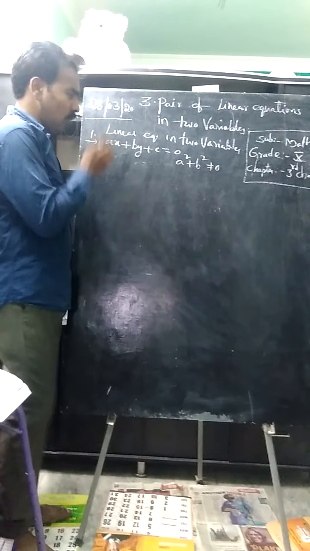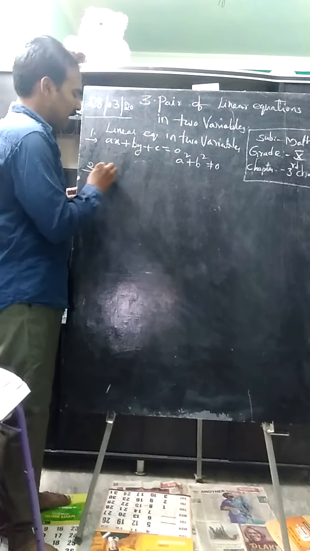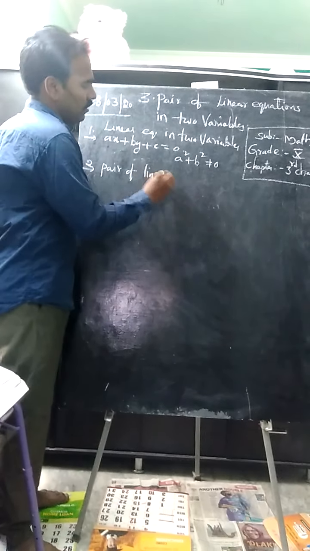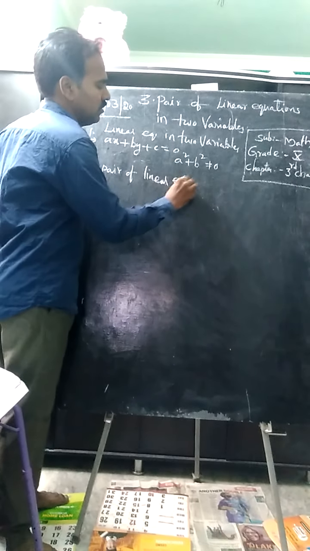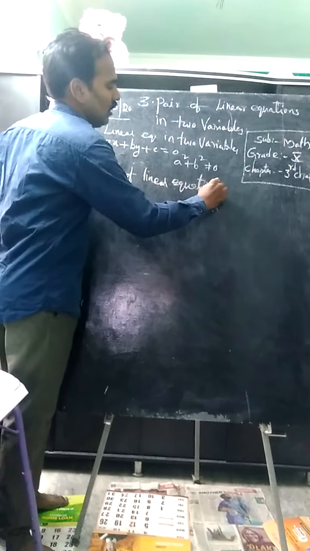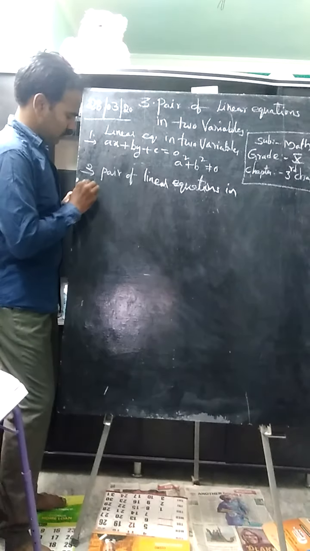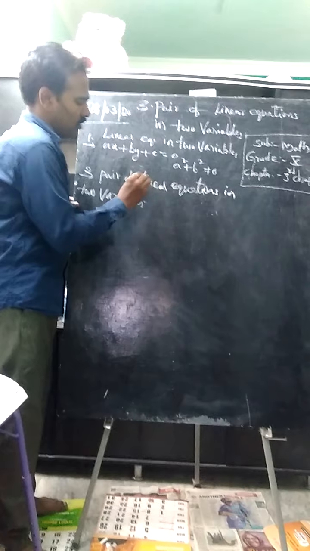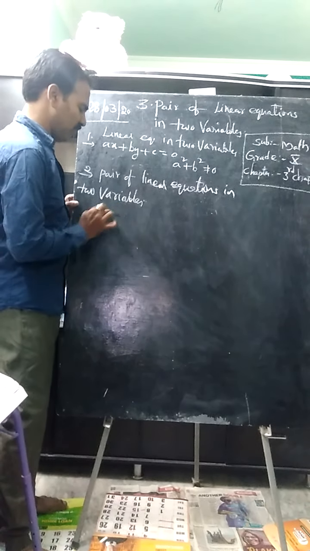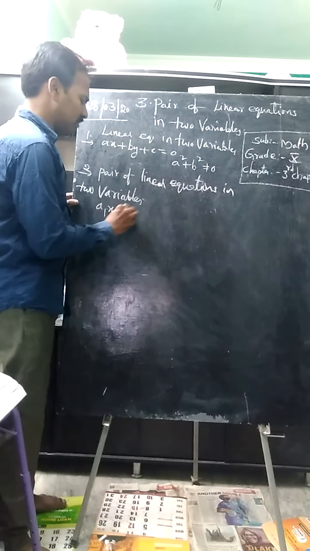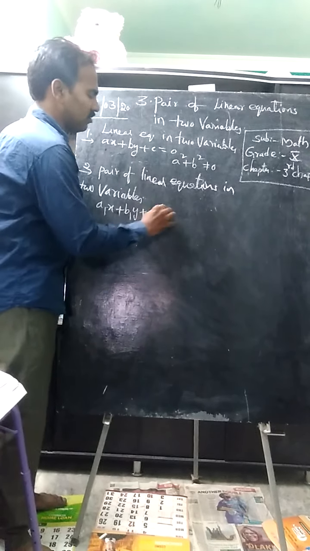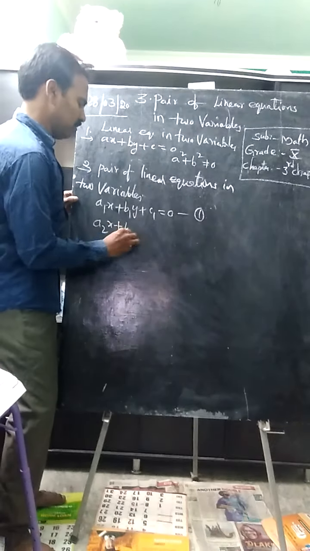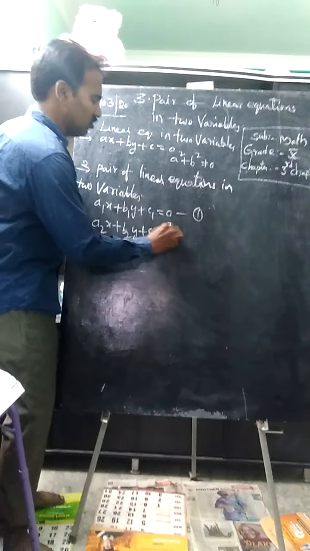Now, in this chapter you will learn about pair of linear equations in two variables. The standard form of pair of linear equations in two variables is a1x plus b1y plus c1 equals 0, and another equation a2x plus b2y plus c2 is equal to 0.